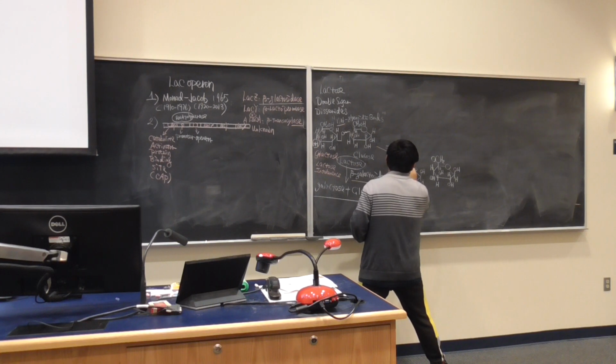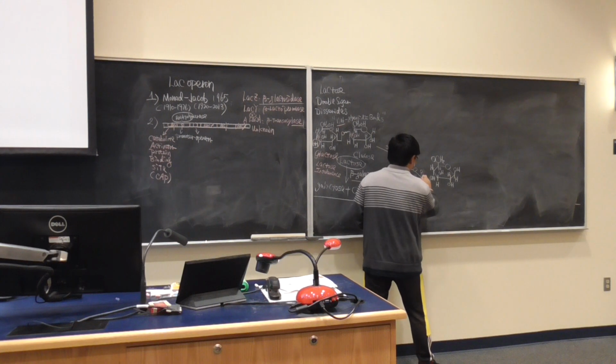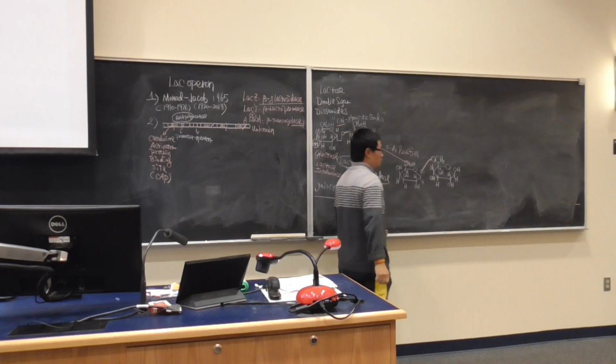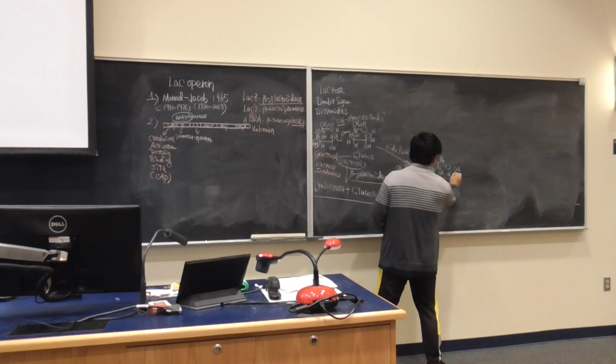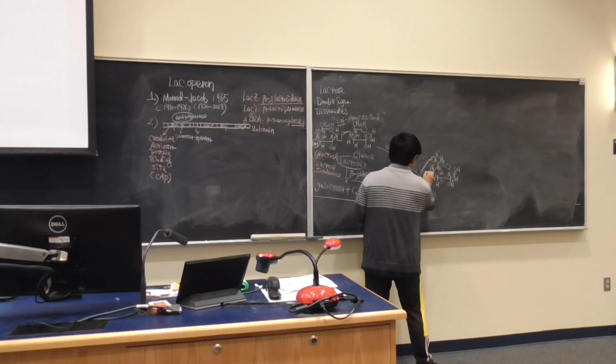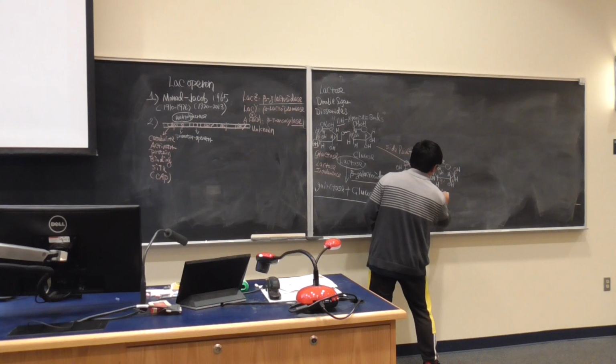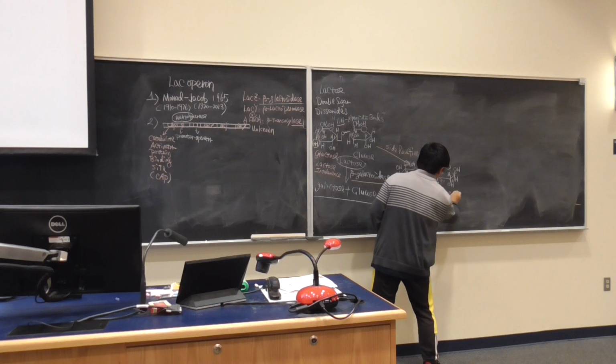H, H, CH2OH. Now what's going to be? This goes here. That is 1 prime, 2 prime, 3 prime, 4 prime, 5 prime, and 6 prime. And this is 1 prime. So that is a 1 prime, 6 prime glycosidic bond.